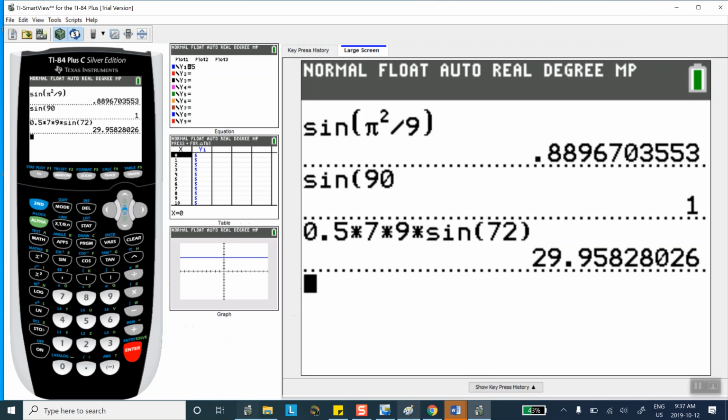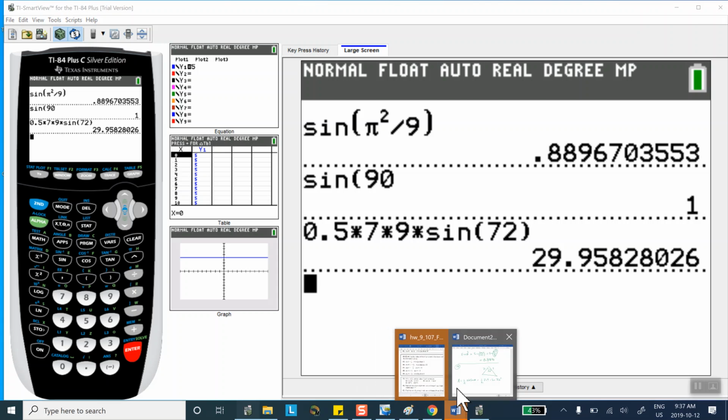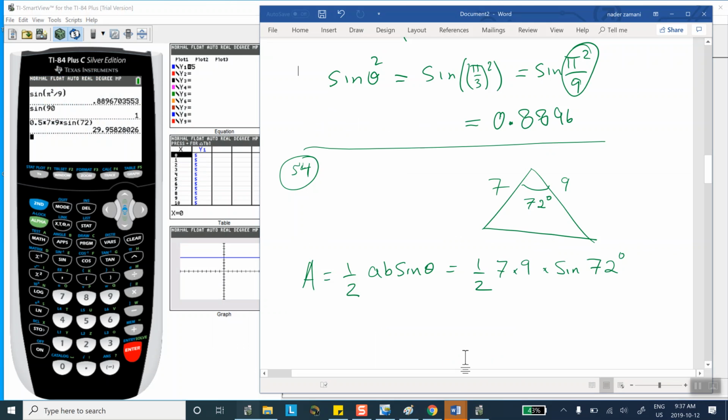And the area is 29.958, rounded to the third decimal. Okay, let's do the next one.